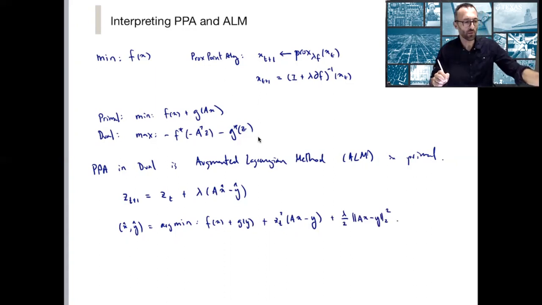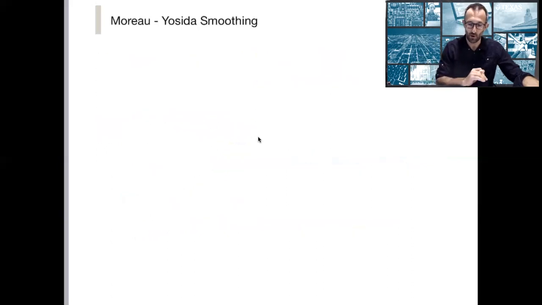And now I want to move to interpreting the proximal point algorithm in the primal and also the augmented Lagrangian in the dual, and therefore establishing some more of its properties. But also, as I mentioned, it's a great excuse for us to introduce some other important notions that are very useful in convex analysis and convex optimization.